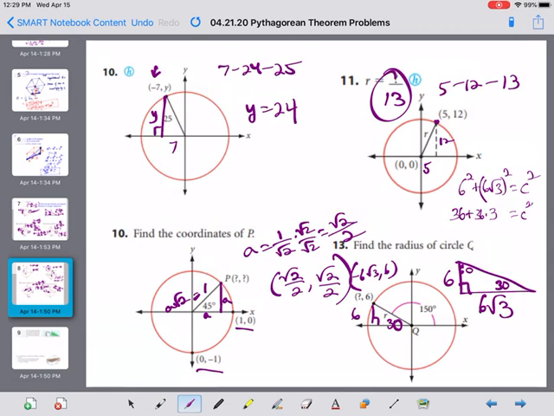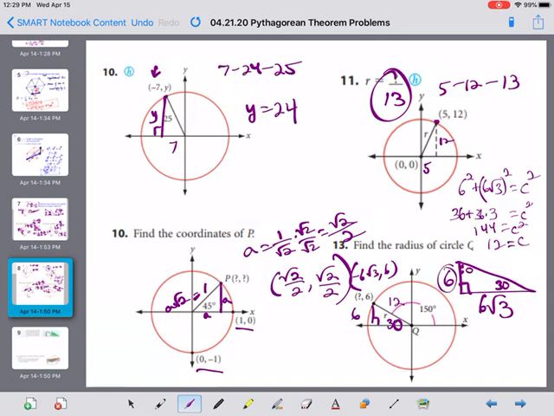Oh, I need my calculator for that. So, let's see. So 36 times 3 plus 36 is 144. Square root, c equals 12. So you get a radius of 12.